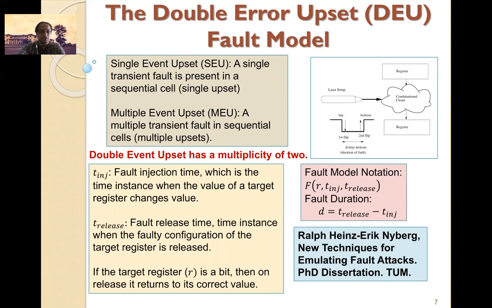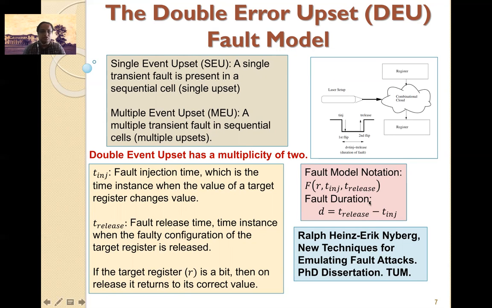One is T injection, which is the fault injection time when the value of a target register, say R, is corrupted, and T release, when the fault is released and therefore the register restores back to its original configuration. So we denote a fault model or a fault instance by this model, which depends upon R, the target register, T injection, the injection time, and T release.